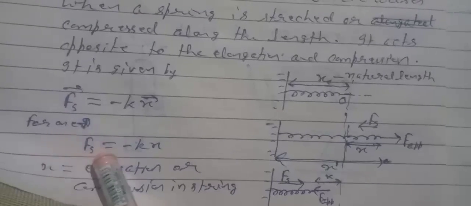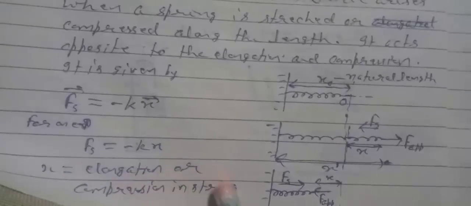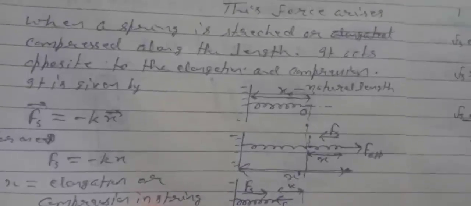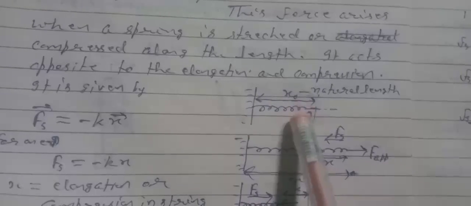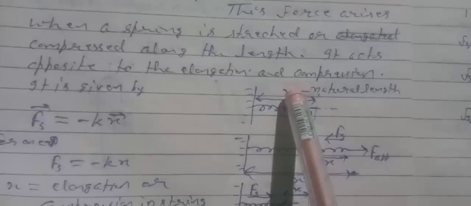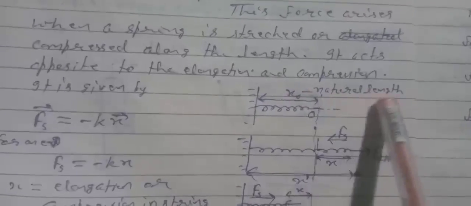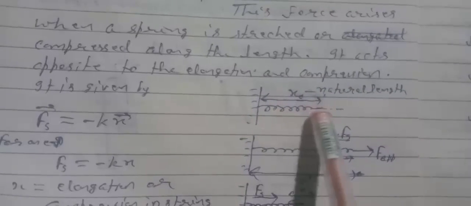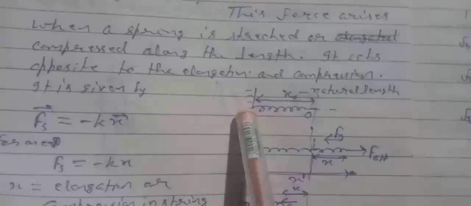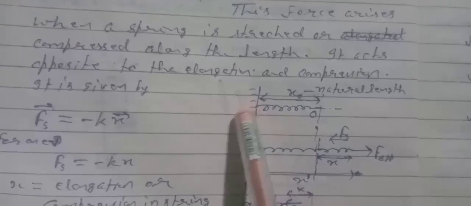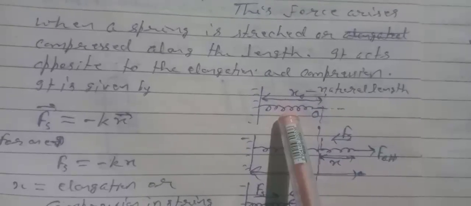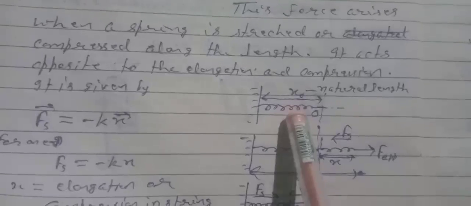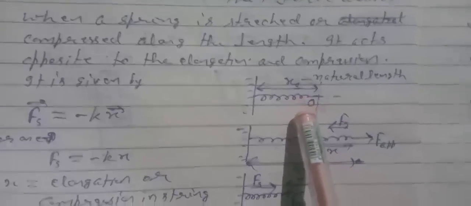For one dimension, Fs equals minus kx, where x is the elongation or compression in the spring. The situation is shown in the figure. The x0 is the natural length of a spring. When we stretch or compress this, then a force will arise in the spring to oppose this compression and extension, and that force is called a spring force.